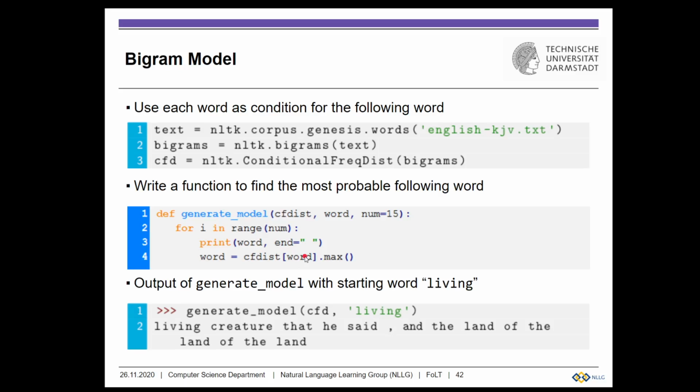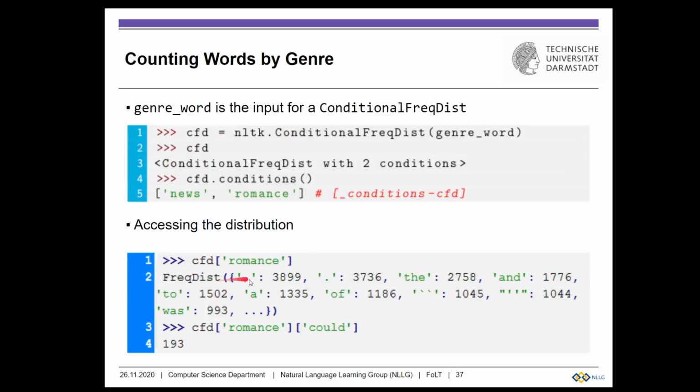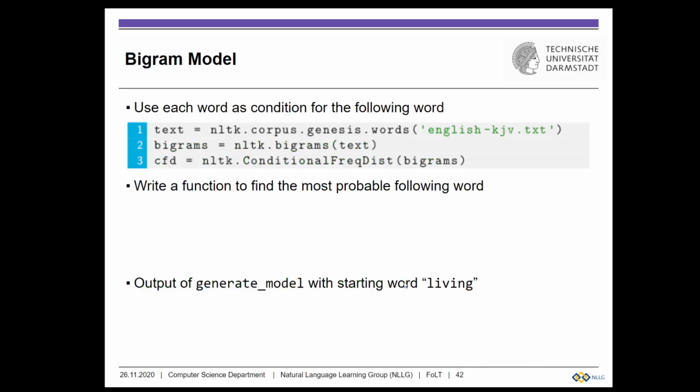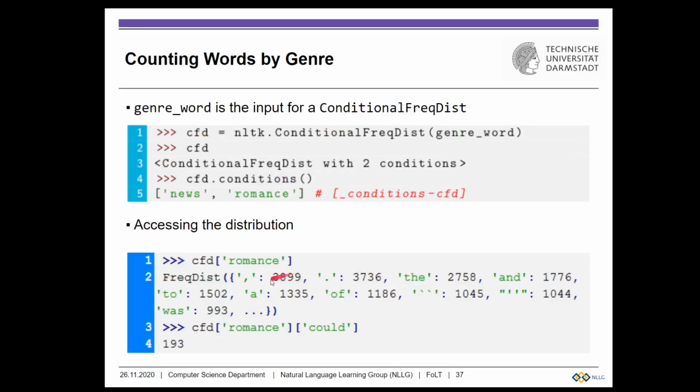Let's look back at what we get. We get something like this here, right? We get a distribution over all the next words given our condition. This is our condition, the current word, so we get the distribution over all the next words. Our goal is to find the most probable next word, so it's just going to be the word that has the highest frequency here.